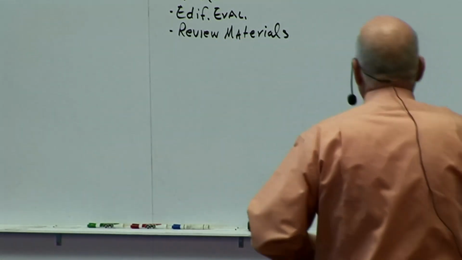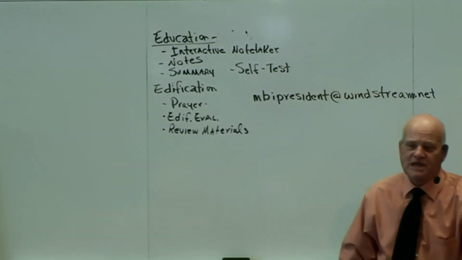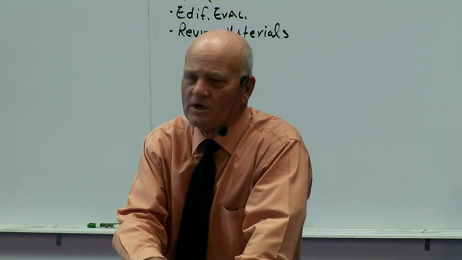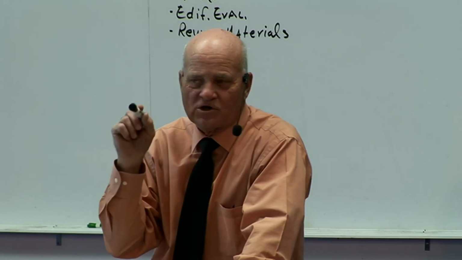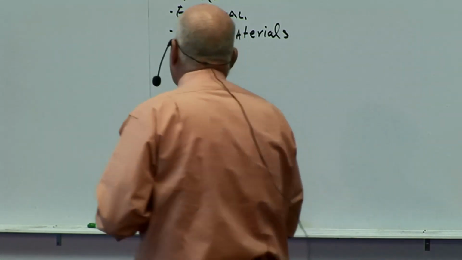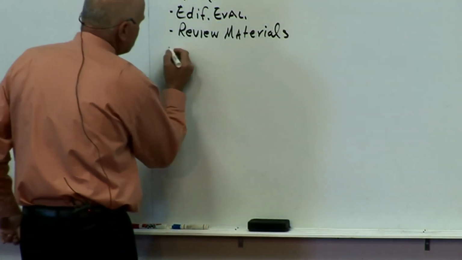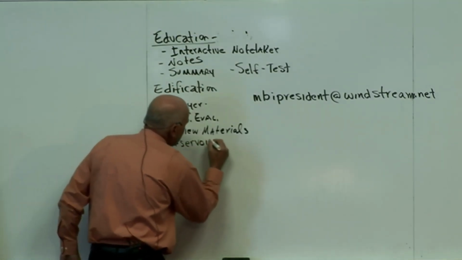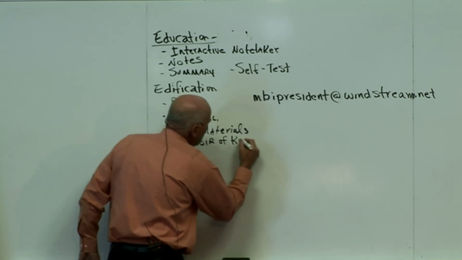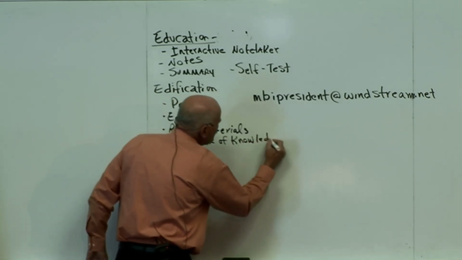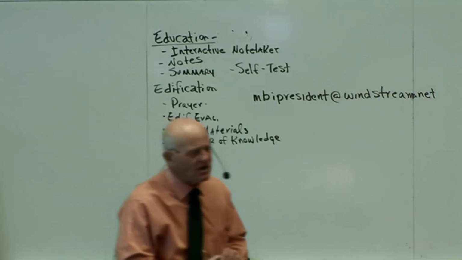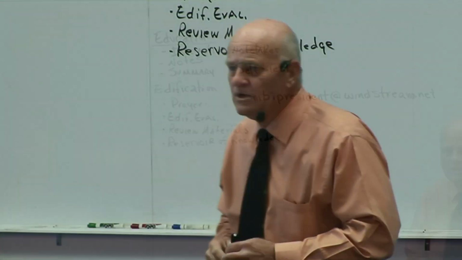Then there's one more part. You don't have it on this table of contents because of where we are. We're in Romans 12, 1 and 2. But when we get into verse 3, you will have a whole other section down here. I am calling it the reservoir of knowledge. This is material that we have not necessarily covered before.